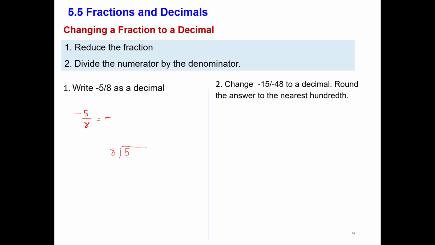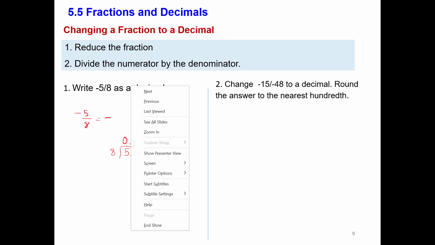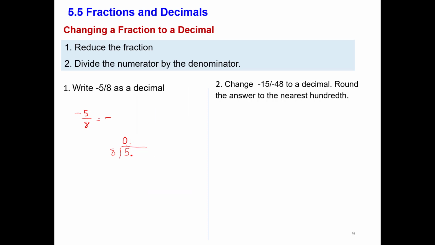How many 8s are in 5? 0. Then we write here 0. Now we need to add zeros, and we know the decimal point is at the end. We place the decimal point in the quotient also, and we add zeros. We continue dividing as if they were whole numbers. How many 8s in 50? It will be 6.